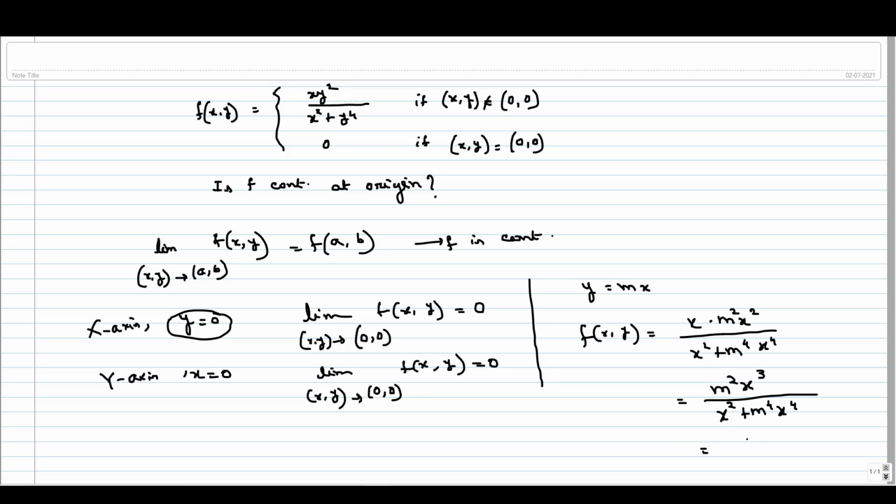This x square got cancelled from both denominator and numerator, so I am getting m square x by 1 plus m power 4 x square.